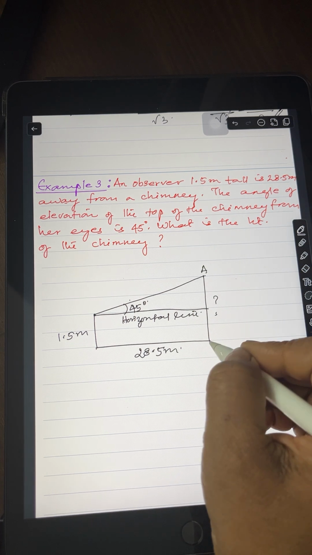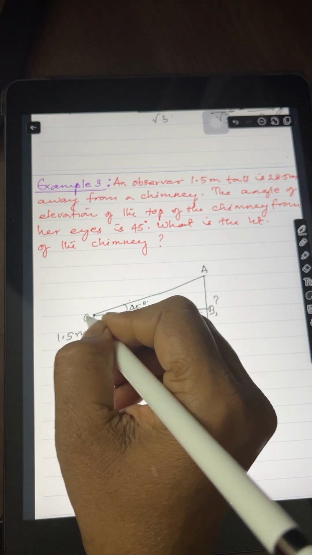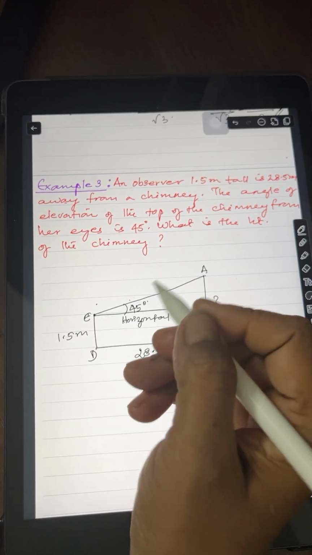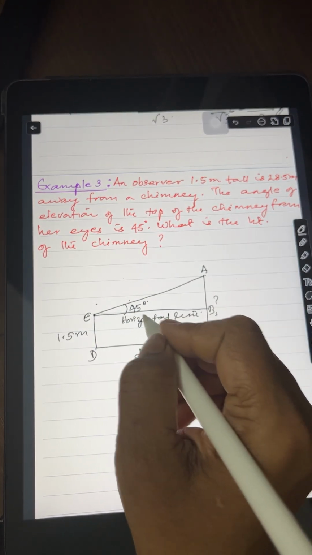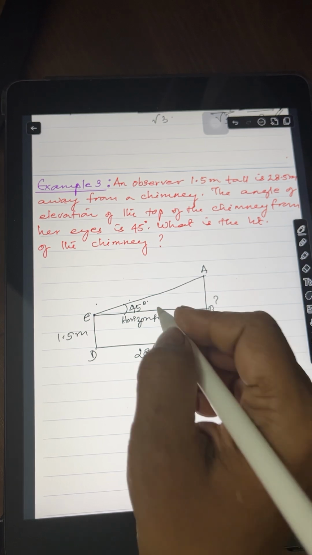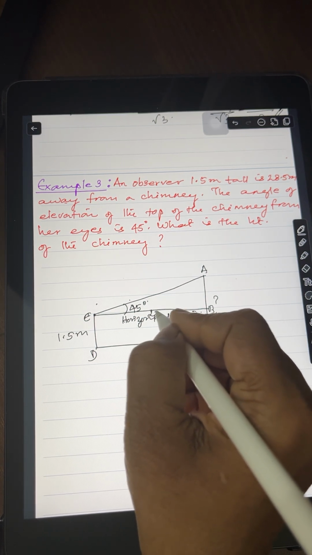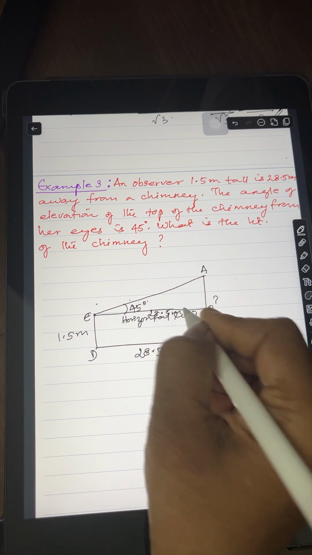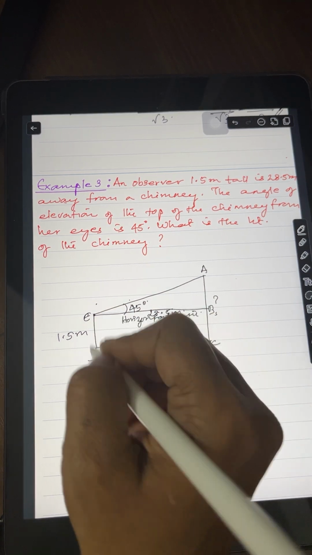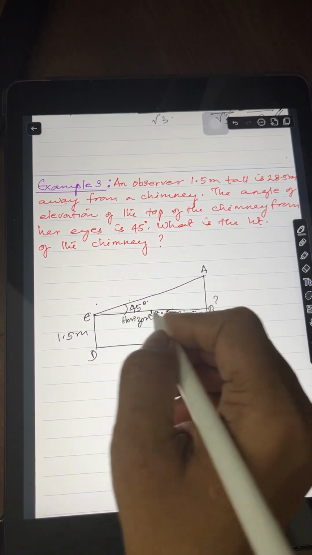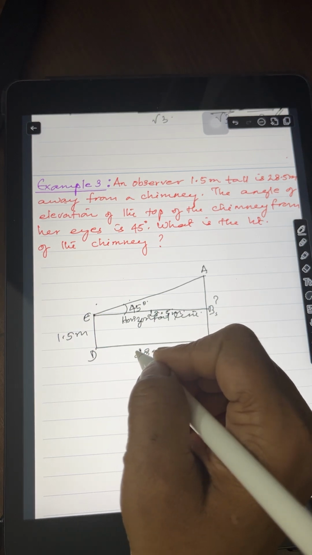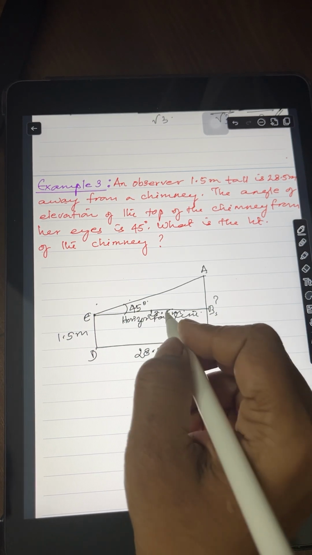Now name this figure A, B, C, D, E. Okay. Now you say here 28.5 is there. So this is also 28.5, because this is a straight line. Now you have one angle, you have one measure.